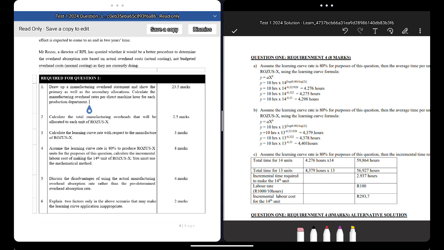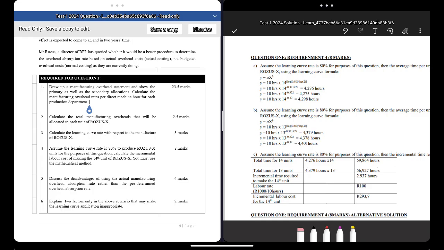Now, our question is, you must calculate an incremental labor cost. Incremental labor cost is the difference in labor costs. So we're producing 14 units, and for the incremental cost we look at the one below with 13 units.